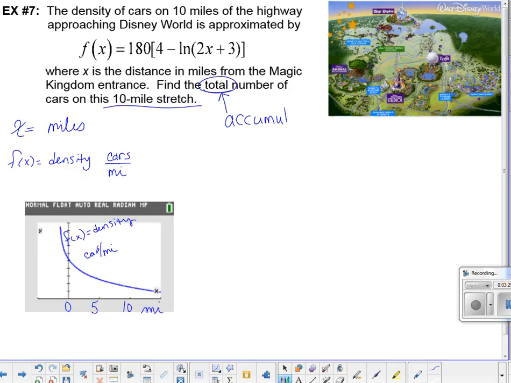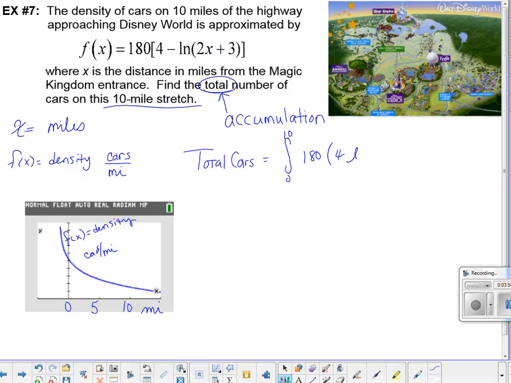Accumulating one car plus 5 more plus 10 more. I want to accumulate. So this is an accumulation of cars. And the best way to accumulate in calculus is to use an integral. So I'm going to say my total number of cars on the stretch 0 to 10 miles is my f of x function.